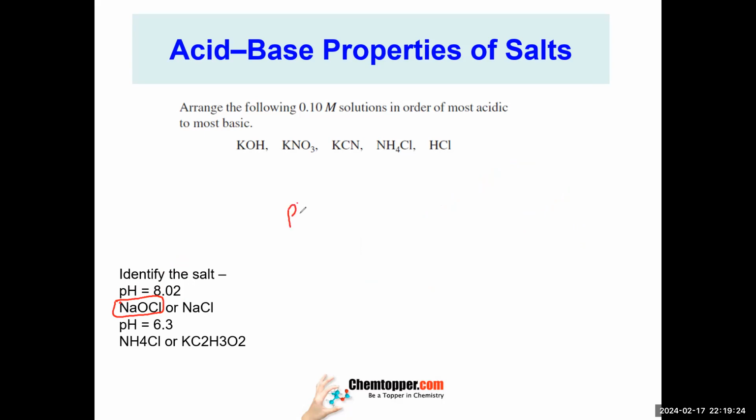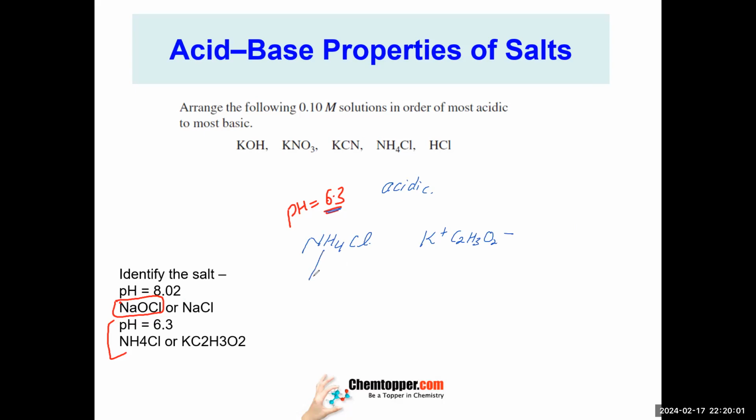Now, when the pH is 6.3, we are working with the next question. Is it an acidic solution or basic solution? pH is 6.3, acidic or basic? It is acidic. Perfect. Okay, good. Now the salts given to me are ammonium chloride and K plus with C2H3O2 minus.